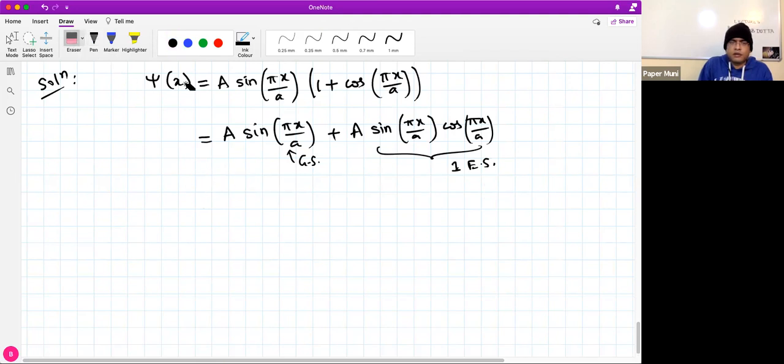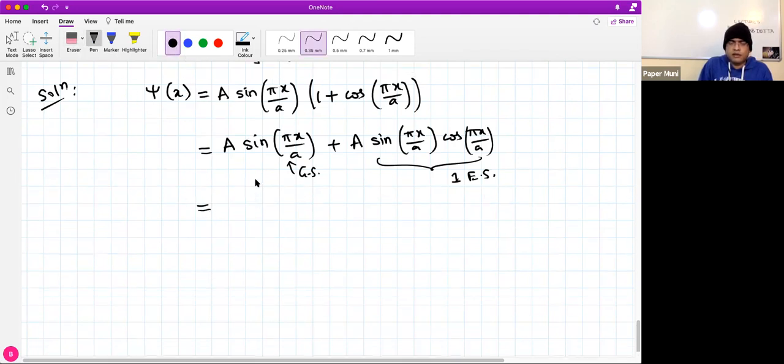So what we do is we try to make this in the format of a normalized state. We need a factor outside and inside. So this is a/2. Let's divide and multiply by this. So it will be a, and we have 2/a, and this will be sin(πx/a).